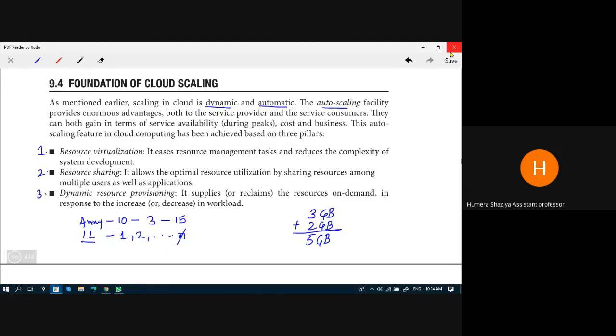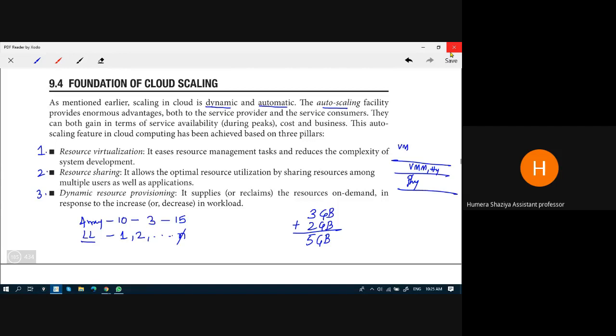Through resource virtualization, resource management tasks have been simplified. The user accesses the physical resources through a layer known as hypervisor or virtual machine monitor. And every user has been given a virtual machine. So the task of physical resource management has been simplified to a great extent.